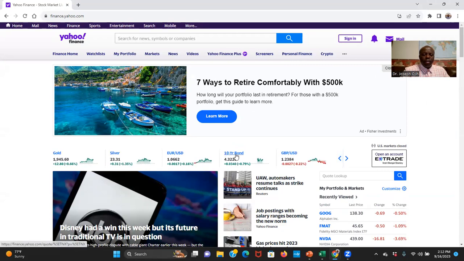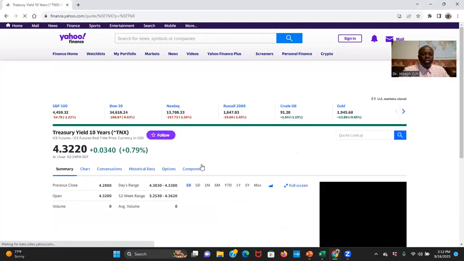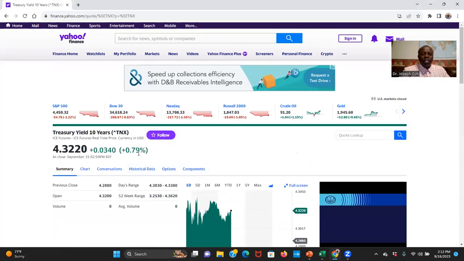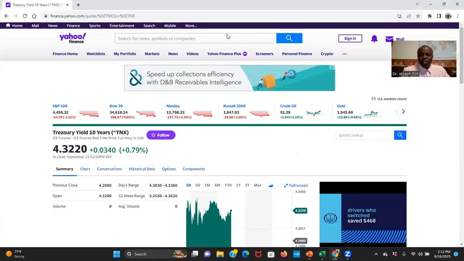You can use the return on this to represent your risk-free rate. The system is frozen for a moment, but okay, it's open. I can see the return right here, 0.79%. You can use that as the yield, as the risk-free rate.